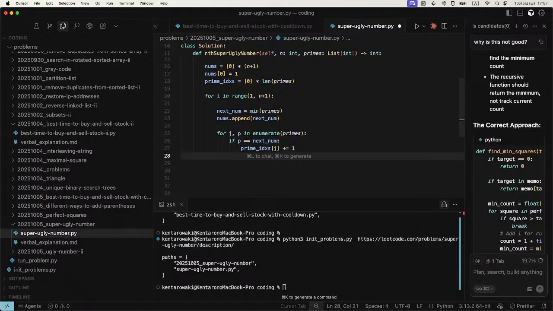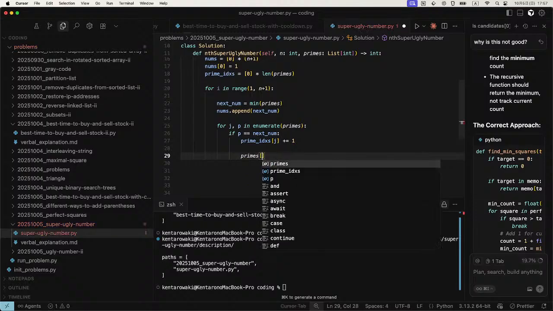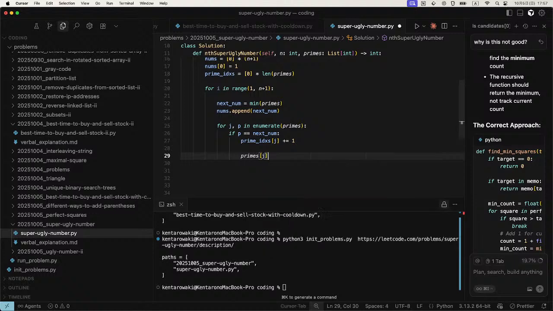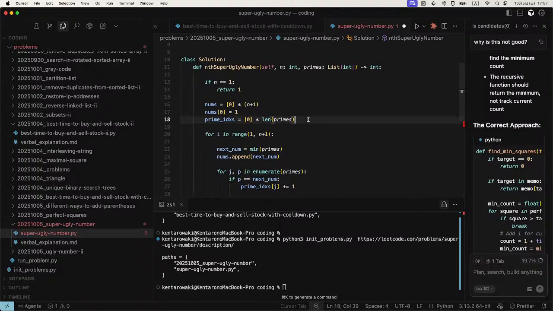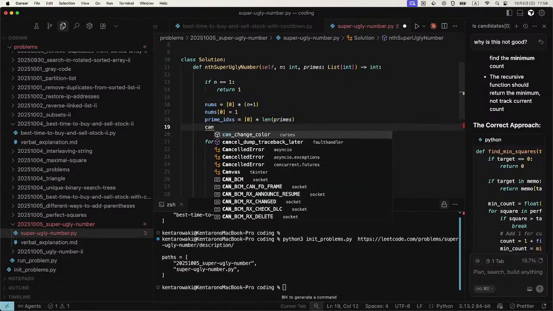We have to update primes at j. Maybe we have to separate the candidates and the primes.